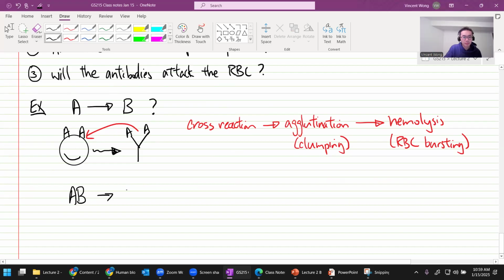How about this one? Can you give AB blood to a type B person? I'm going to launch a poll.